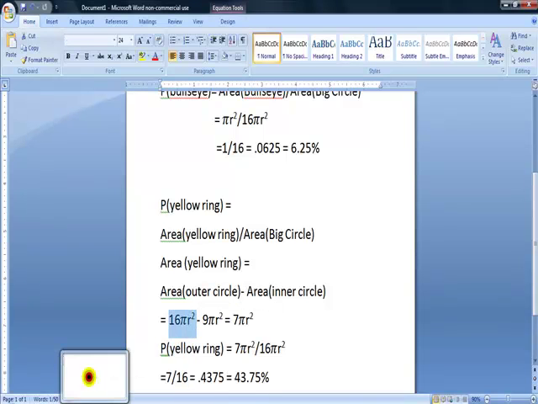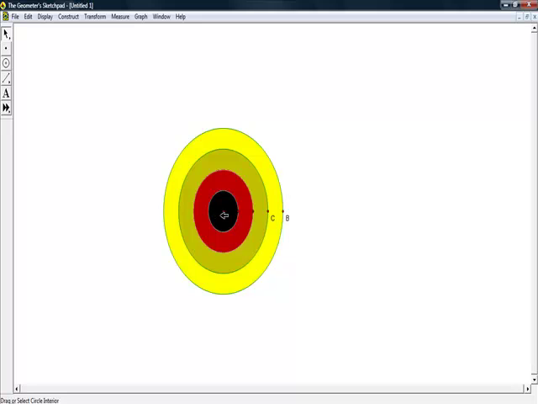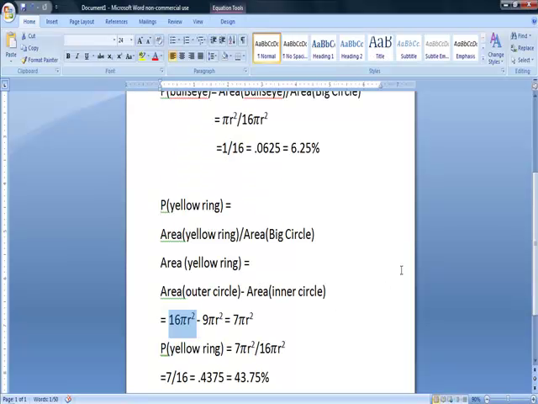Now the area of the inside circle, from the center to the point I've labeled C here, has a radius of 3r, so when I square that I get 9r squared. So the area of this circle is 9 pi r squared. I'm cutting a chunk that's 9 pi r squared out of a circle that's 16 pi r squared. So what I'm left with is 7 pi r squared.